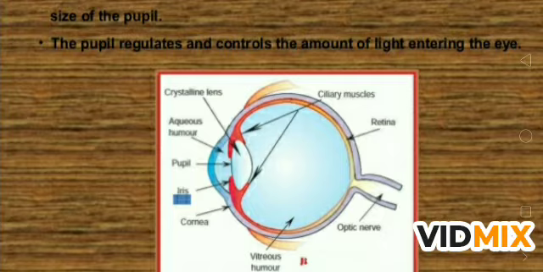Sometimes we say that a person has blue eyes, brown eyes, black eyes. That color is the iris, and its function is to control the size of the pupil, and the pupil controls the amount of light which enters the eye.